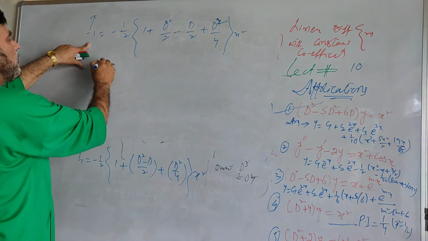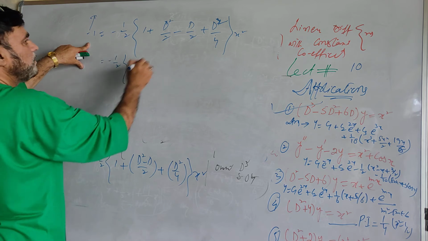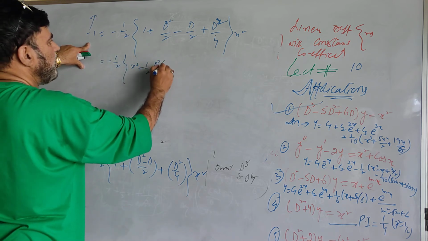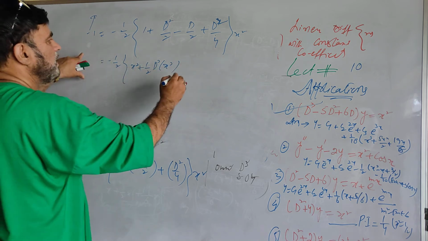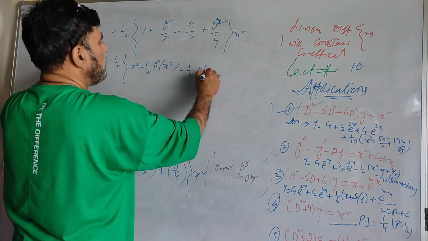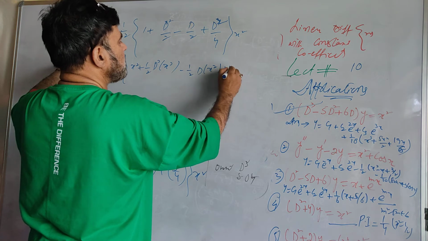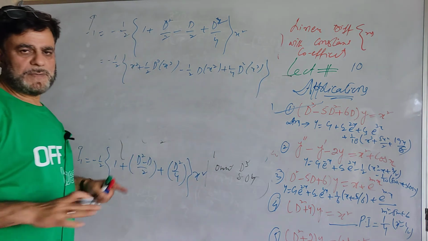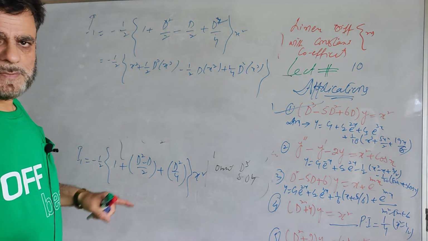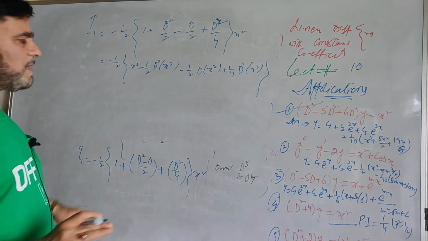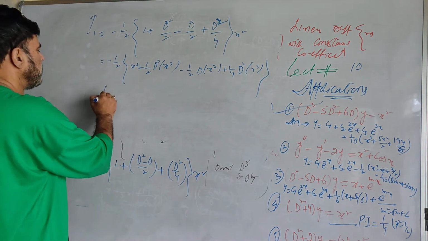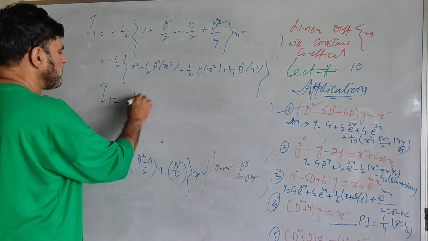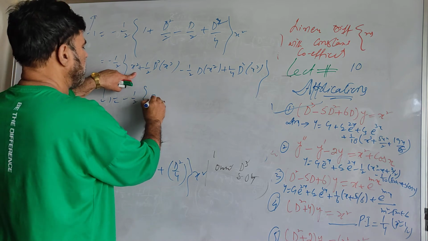This equals minus 1 by 2, taking x square from the right: x square plus 1 by 2 d2 of x square minus 1 by 2 d of x square, then plus 1 by 4 d2 of x square. d2 of x square means the second order derivative of x square, d of x square means the first derivative of x square. It is I1, one part of the particular integral I am finding, minus 1 by 2, this is x square.